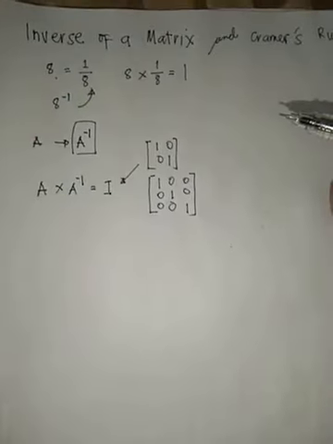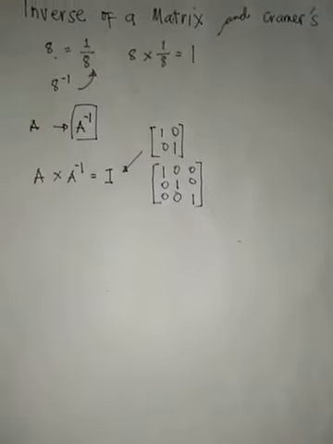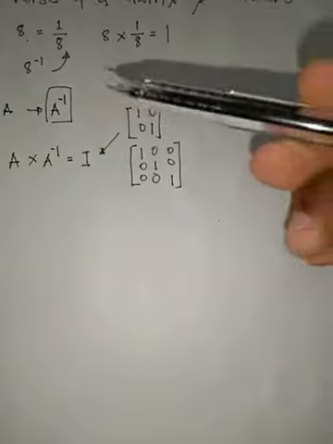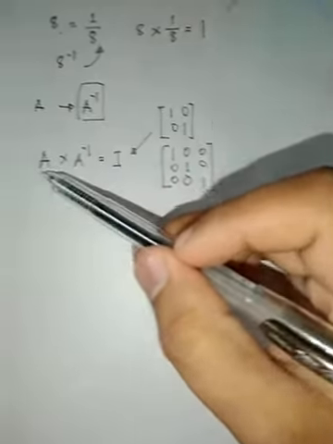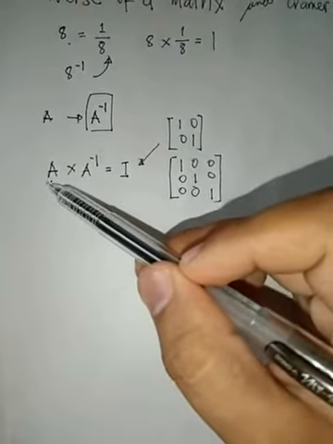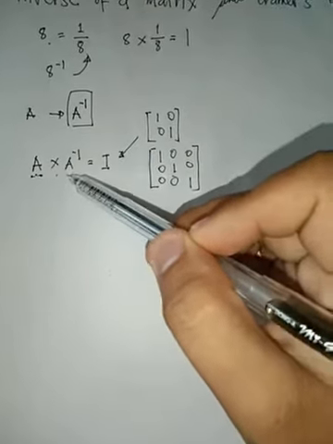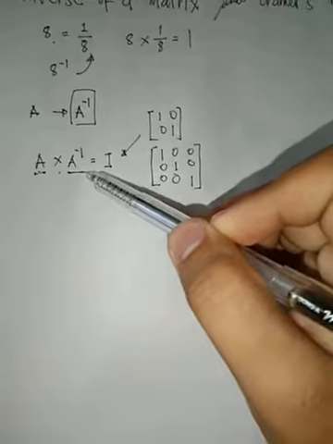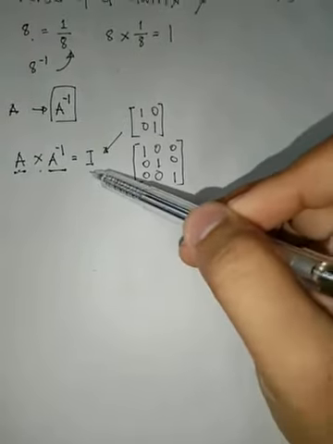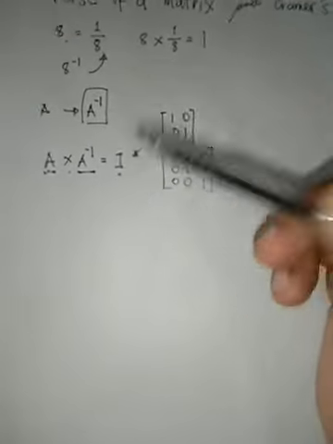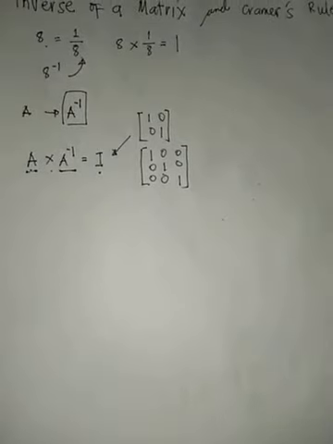So expected na pag i-multiply mo ang matrix A sa inverse of A, we get this identity matrix.